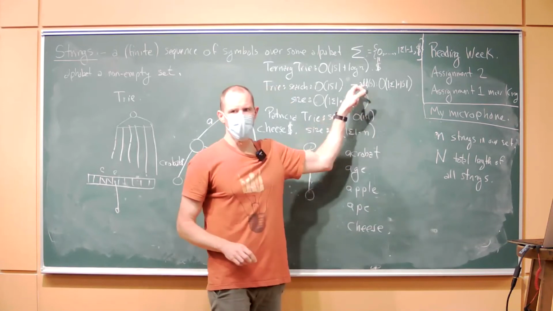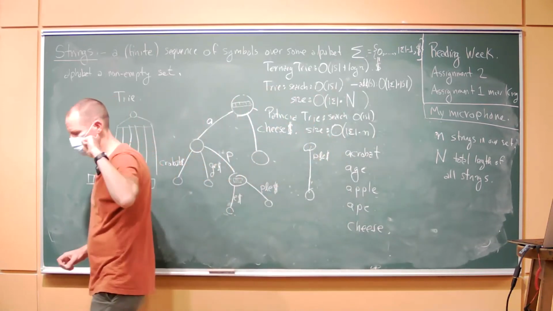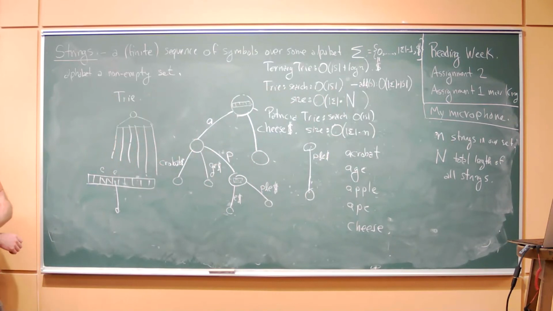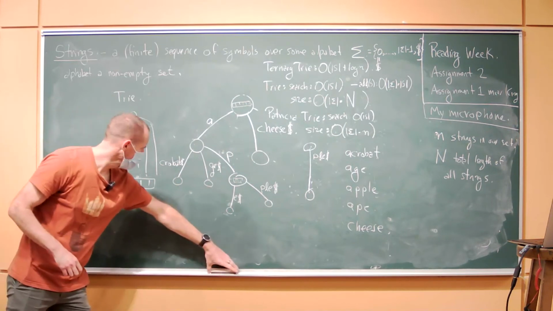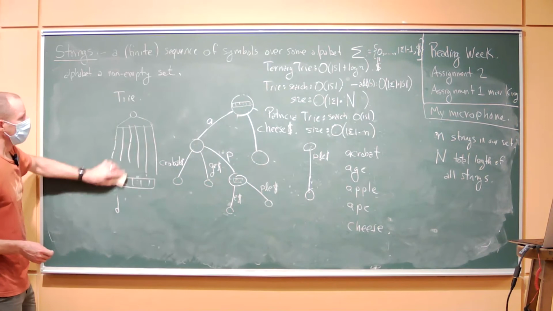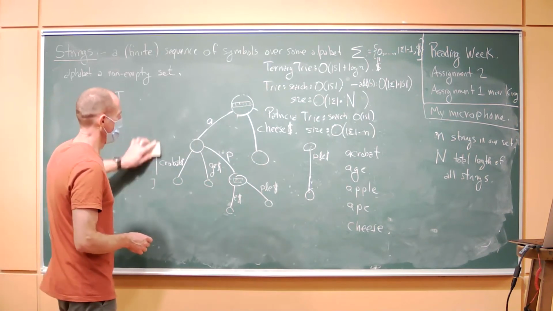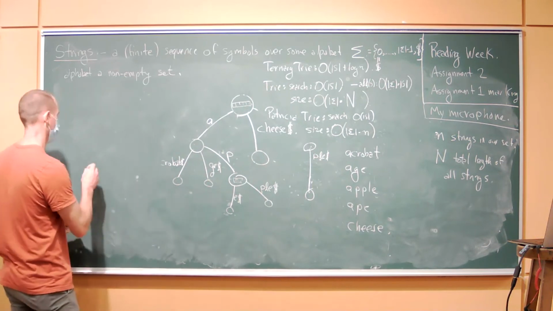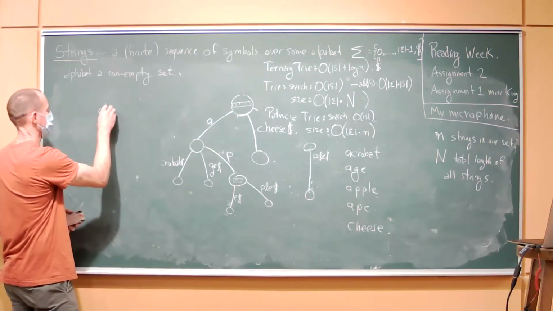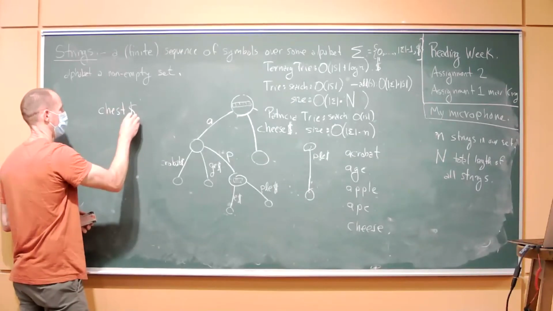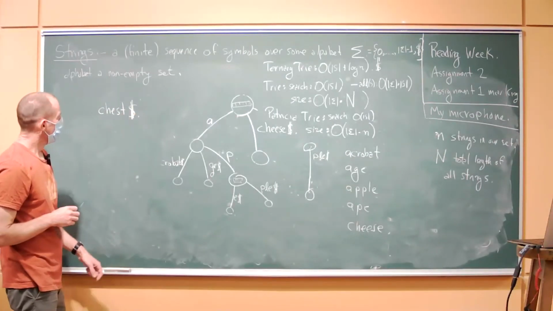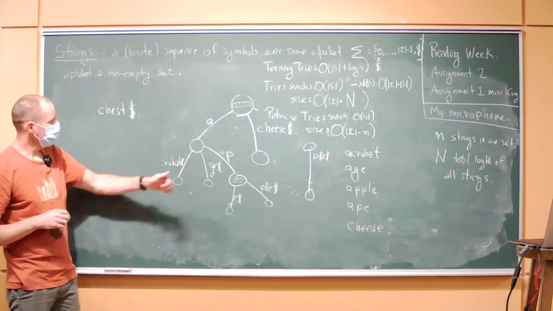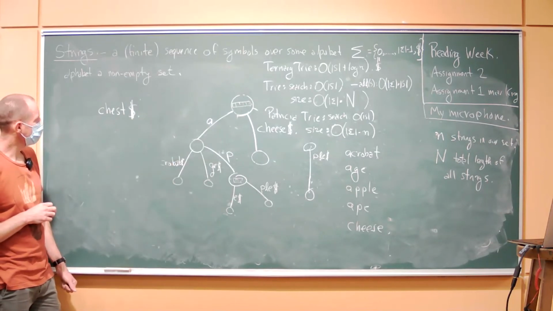And now what about adding to one of these things? Well, that also becomes easy. So let's add chest. I want to add the string chest to this Patricia tree.